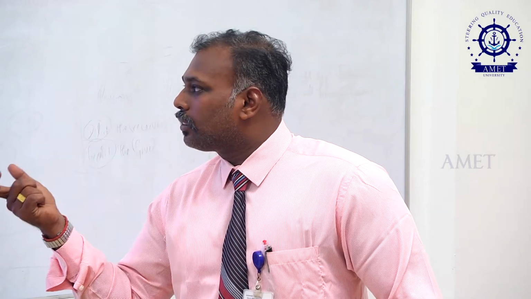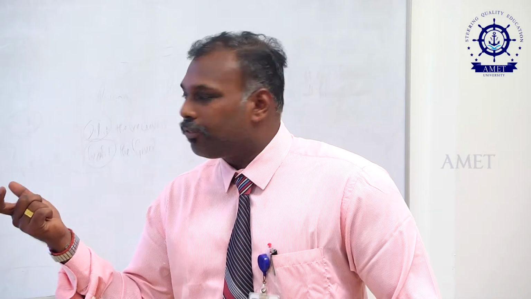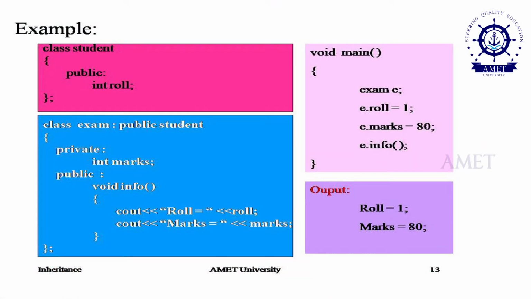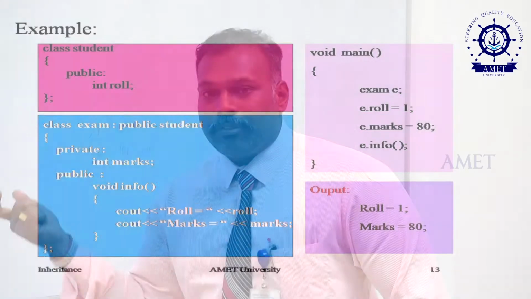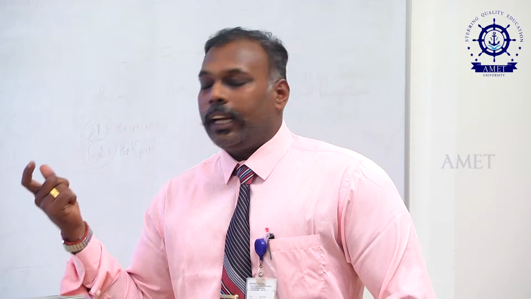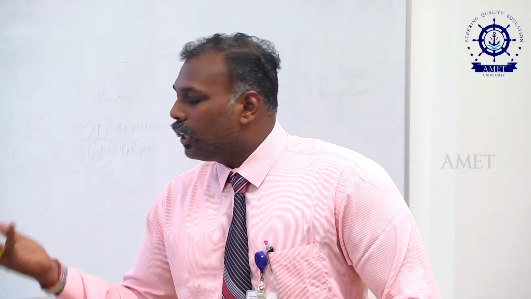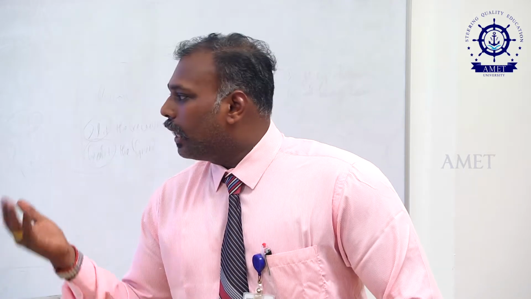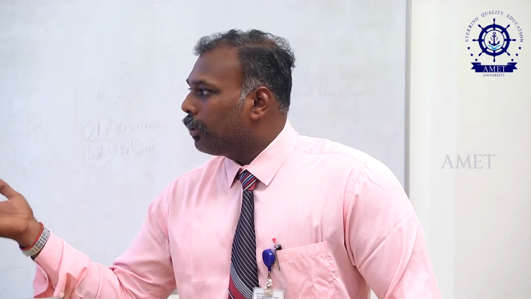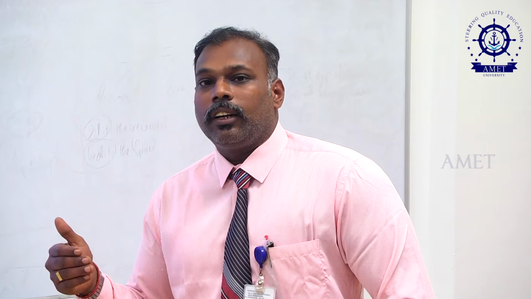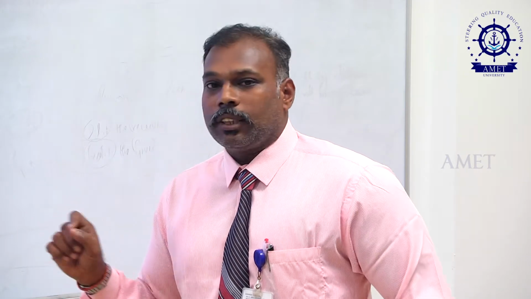Here the access specifier is public, and student is the name of the base class. Then curly brace, then private access specifier, integer marks, then public, void info. Info is the function name. Under that, again curly braces, we give the output of the roll number and the marks. Closing the curly braces of the class and putting the semicolon.